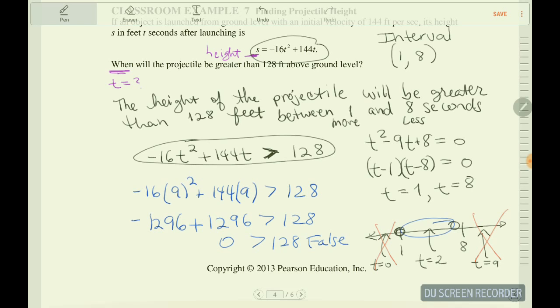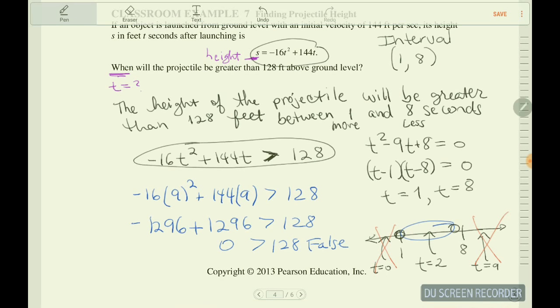But I think for this problem, I would rather see it in set builder, t such that t is greater than 1, or I could even say it like this, 1, t in the middle, yeah.